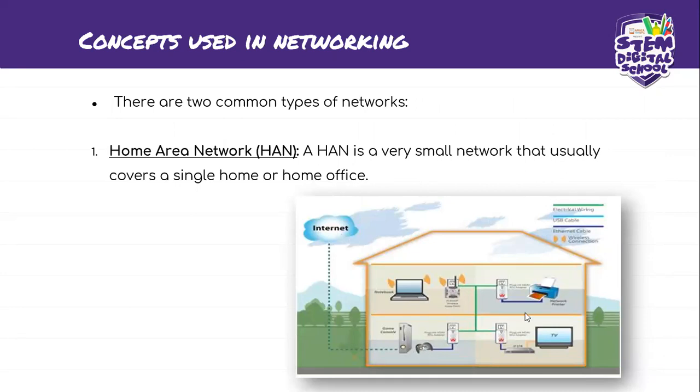They are connected, the TV, the PS5, printer, this device, and the laptop. I think it's a cell phone, I can't see properly. So these are connected to which one? To this one. So they are connected to one device.